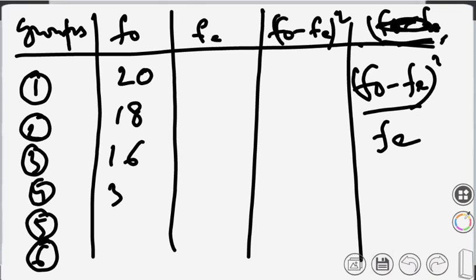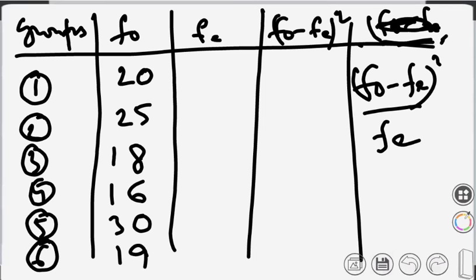Right? So this is observed frequency FO.